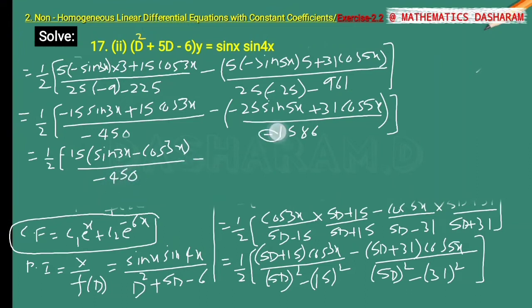Minus, here minus then it will become plus. So 1 by 1586. Next, here I am writing the first positive term, cos 5x minus 25 sin 5x.